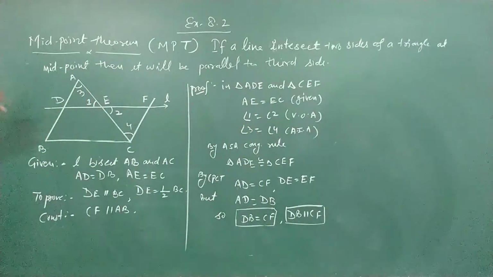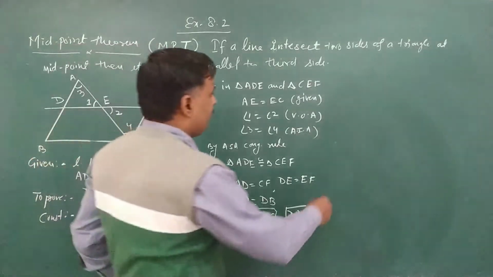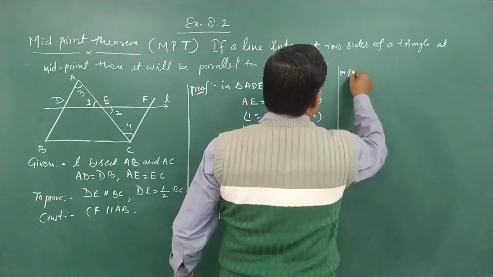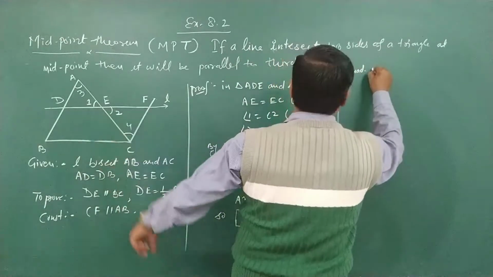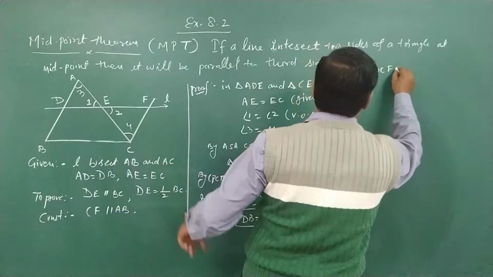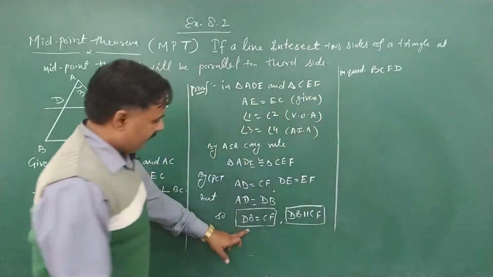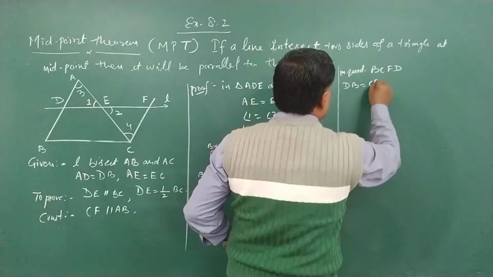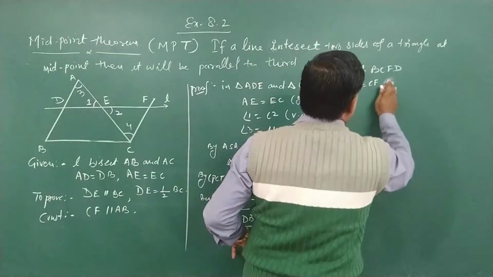If one pair of opposite sides of a quadrilateral are equal and parallel, it will be a parallelogram. So we can say here, in quadrilateral BCFD, DB is equal to CF and DB is parallel to CF.